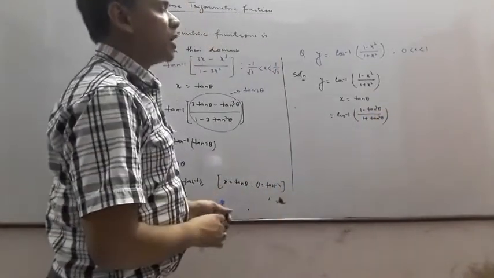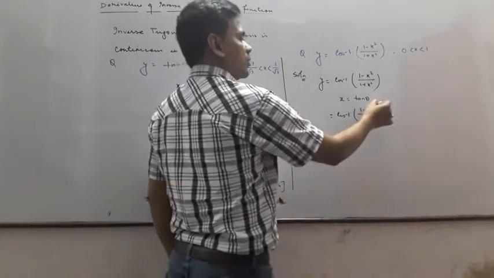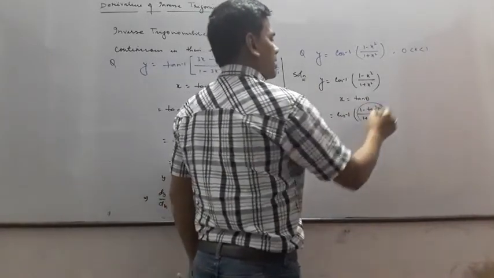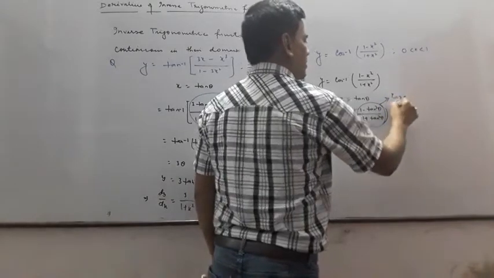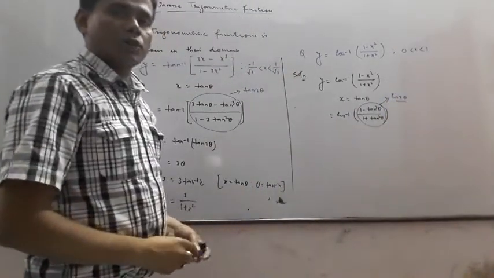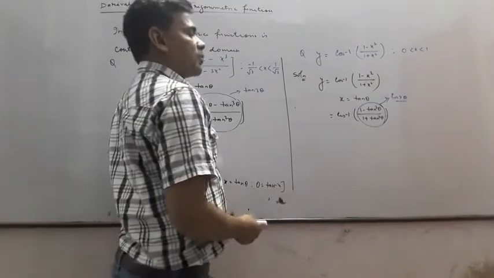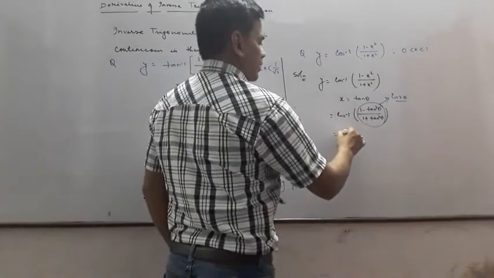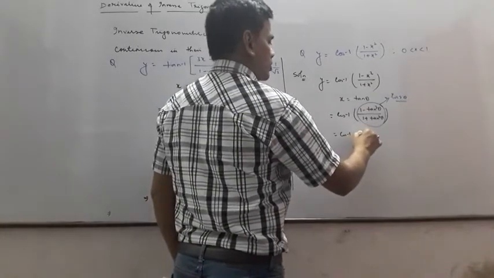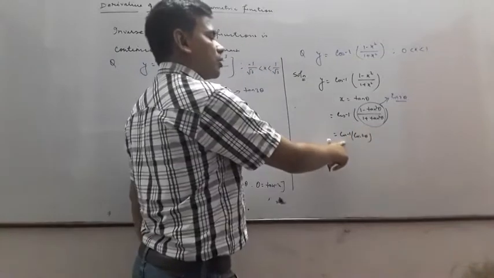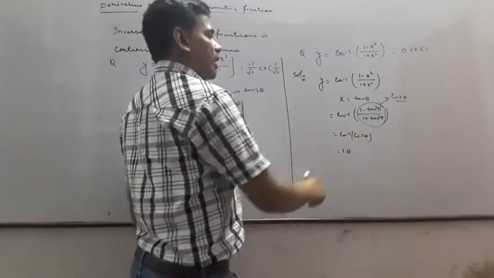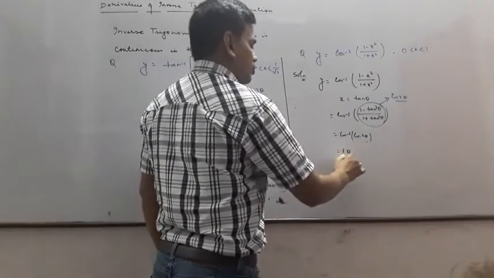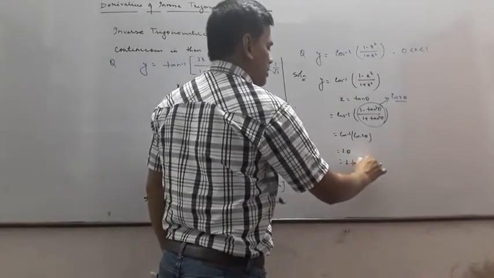Remember, in which formula is this? It is in the form of cos 2 theta. So now we write cos inverse cos 2 theta, which means you write 2 theta, and replacing theta, it is 2 tan inverse x.